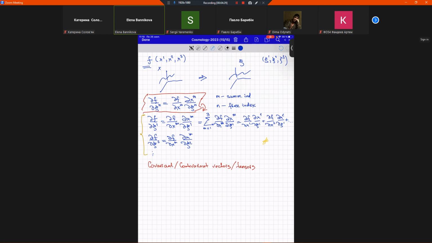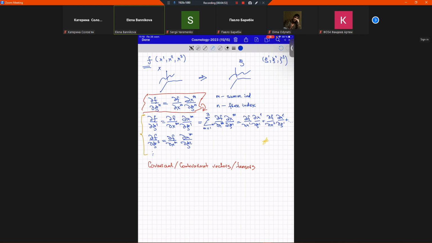And in principle we need to consider not only just Cartesian coordinates, but also any coordinate system, including a coordinate system which we put on the curved space. So this is a point.